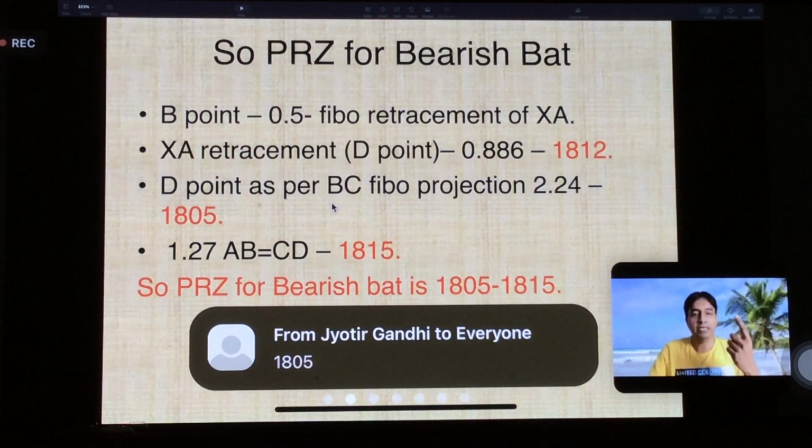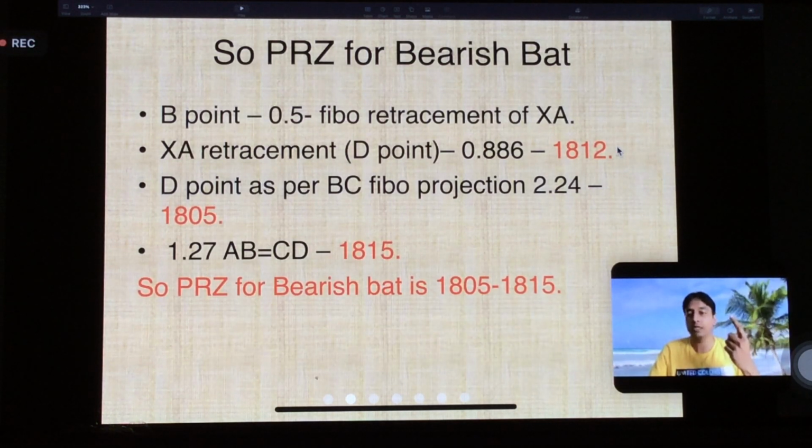That is one. The D point as per BC projection, 2.24, is matching nearer to 1812, so it's 1805. Then 1.27 AB equal to CD is 1815. So the PRZ for a bearish bat: we have to take the lowest value and the highest value, 1805 to 1815. Clear? 1805 to 1815.